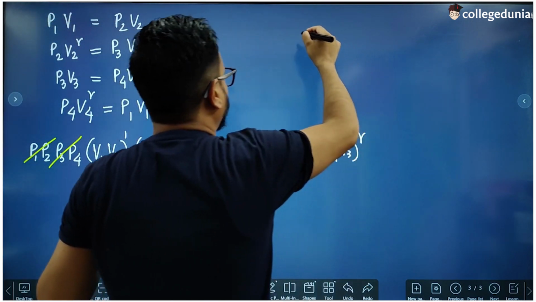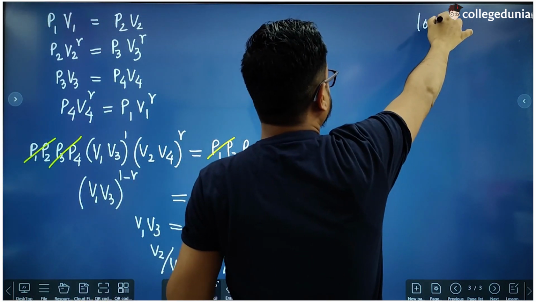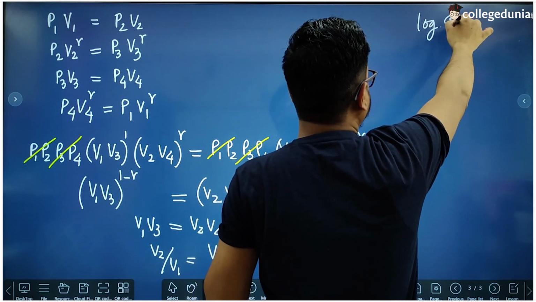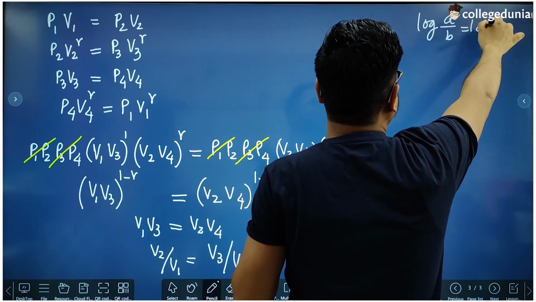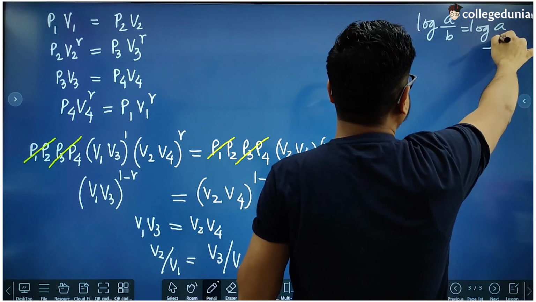Okay, there is a property of log which says log A by B is log A minus log B. You all must be knowing about this property.